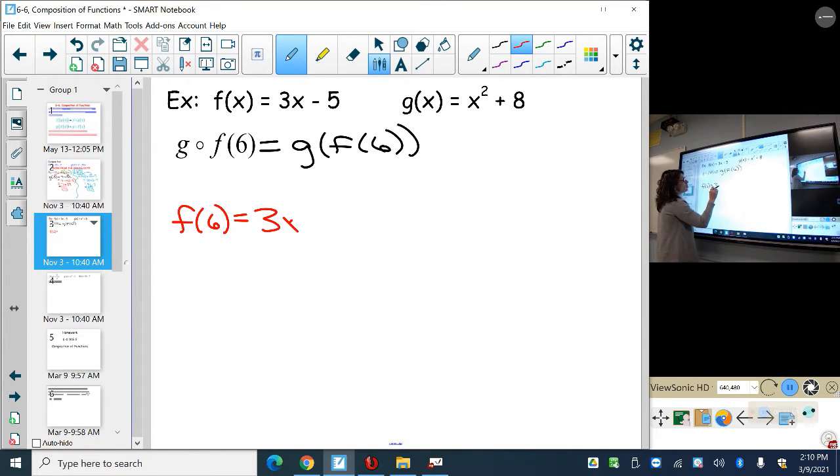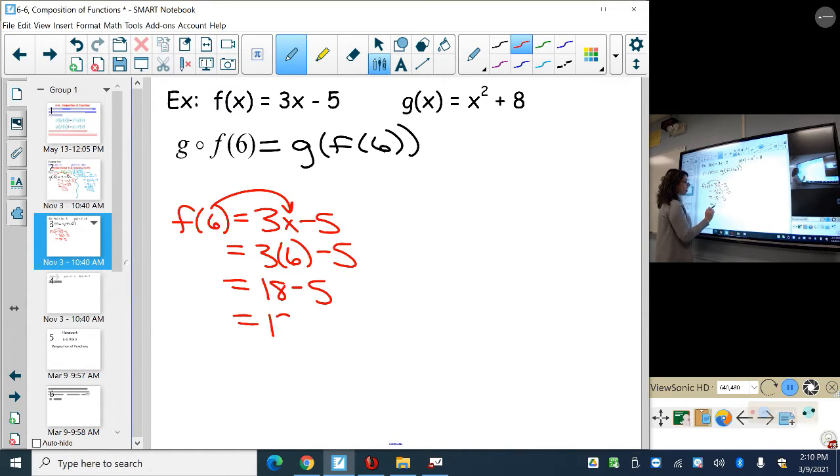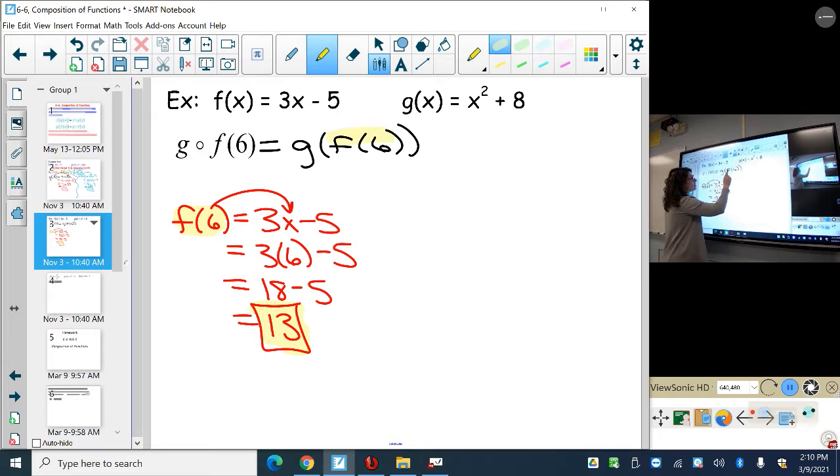My f function is defined as 3x minus 5. Every place you see an x, you plug in a 6. 3 times 6 is 18, minus 5 is 13. Now, f at 6 is 13. So f of 6 right here is also going to get the 13.